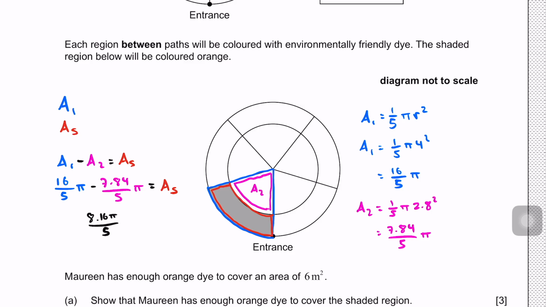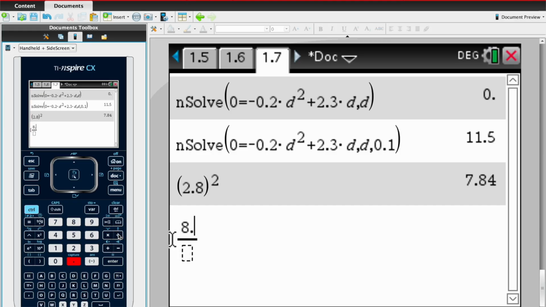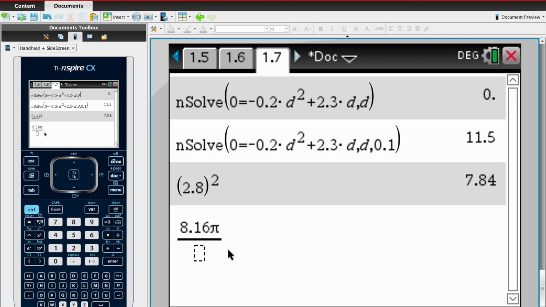It is true. Let's go to the calculator and work this out. Let's just write it out as a decimal, I suppose. 8.16 pi over 5. Or we could have taken the whole 16 over 5 pi minus 7.84 over 5 pi and worked it out that way.